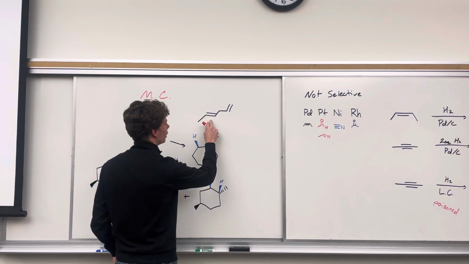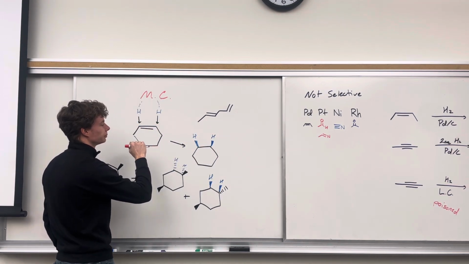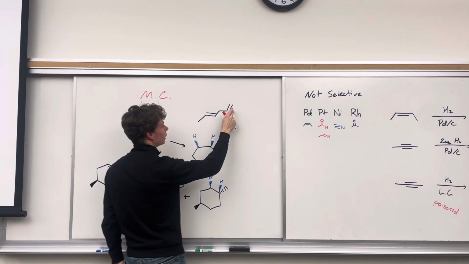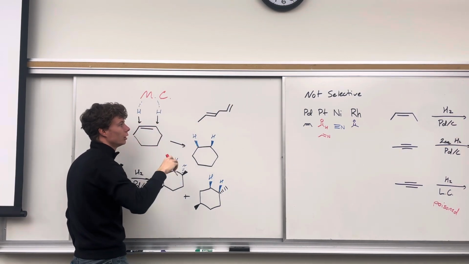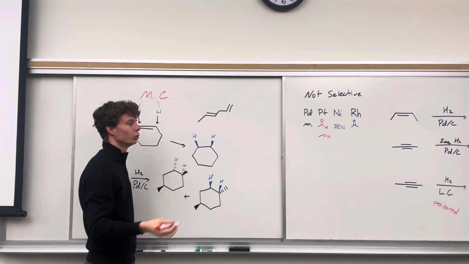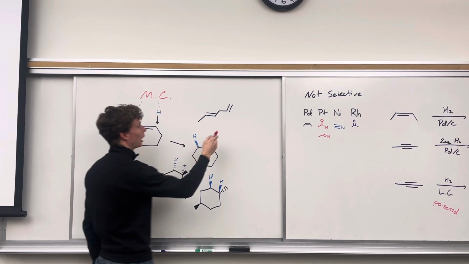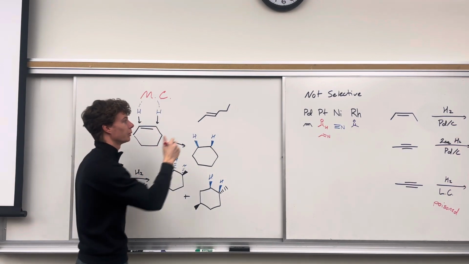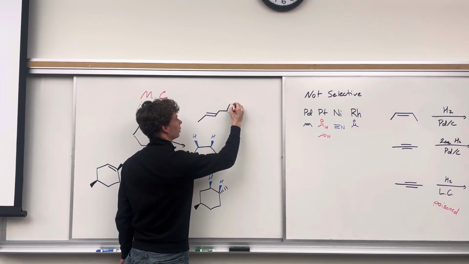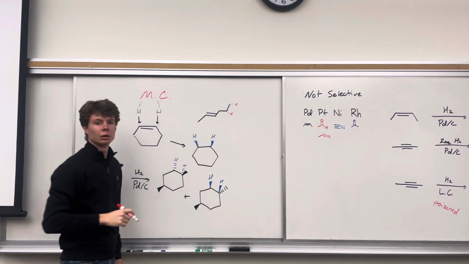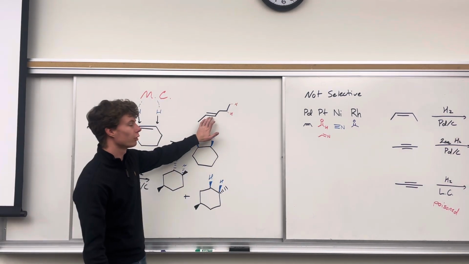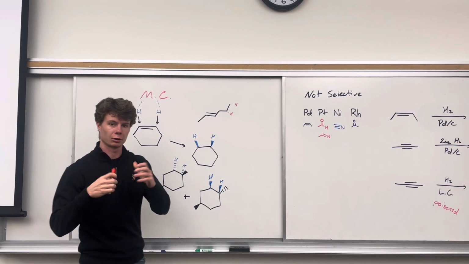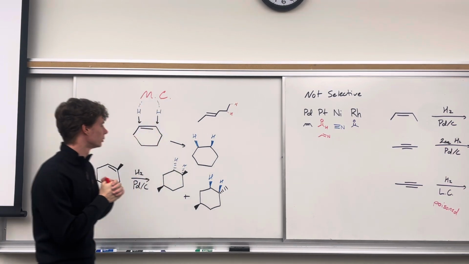So in this case, I have an alkene here with two substituents on it, and a terminal alkene here with only one. So if I only have one equivalent of H2 and something like palladium, I would expect this alkene to be reduced first, and my hydrogens to be added here first. If I had two equivalents, I would get rid of this one, but just as a general rule, these metal catalysts are going to favor the less sterically hindered spot.